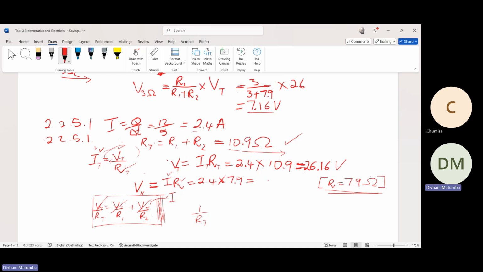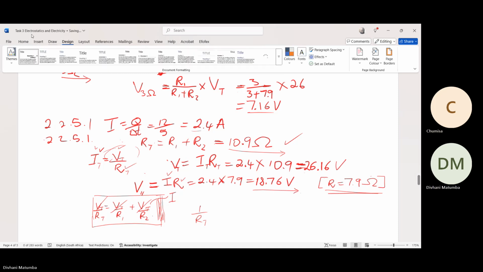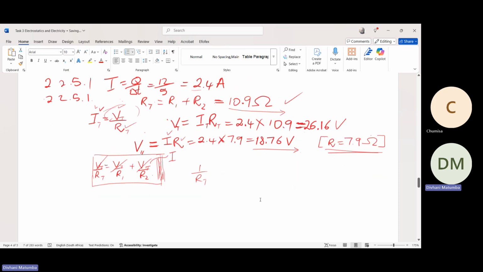So this will be 2.4 times 7.9. It will be 18.76 volts. That will be across the parallel system.